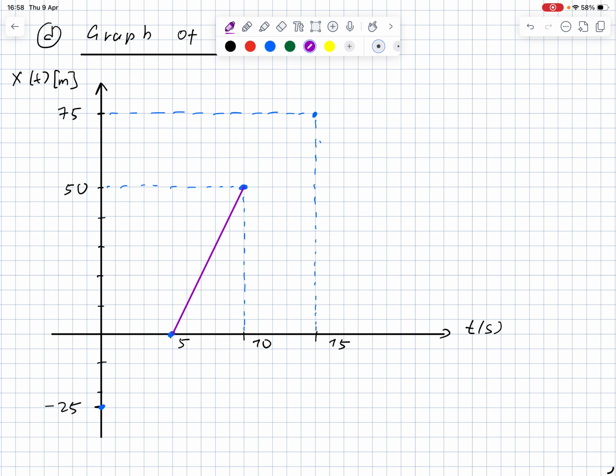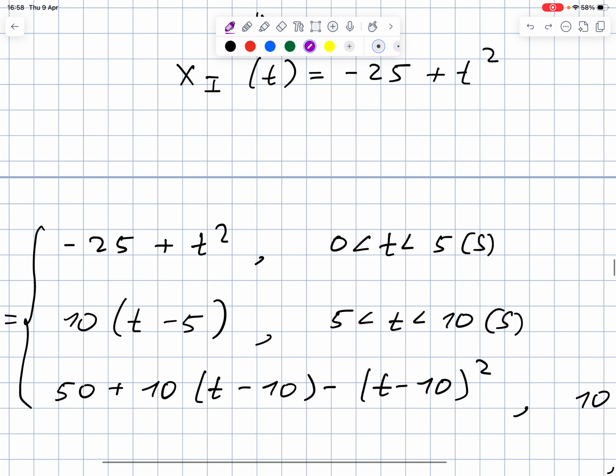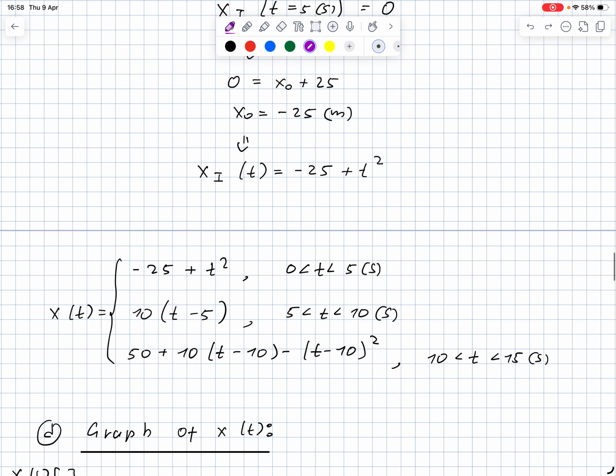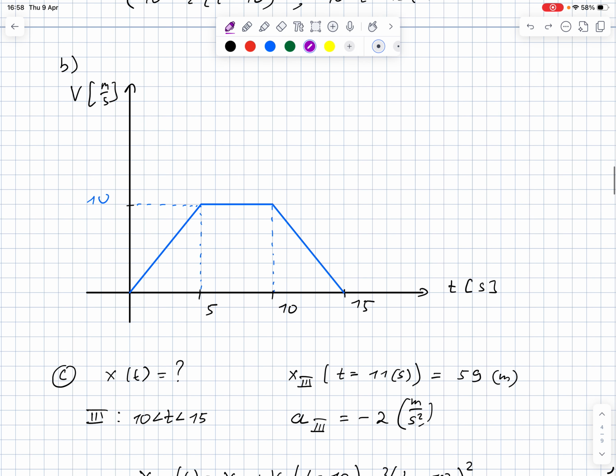Now let's see what we can say about the first interval of time. As you can see, it's actually a parabola, okay, and the coefficient of t squared is positive, so the parabola, let's say, is happy, okay. Also, we know that the initial velocity, if we go to the graph, is 0.